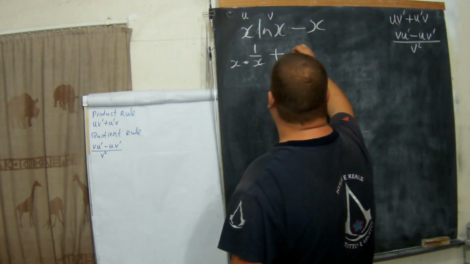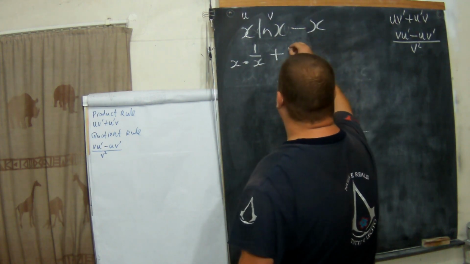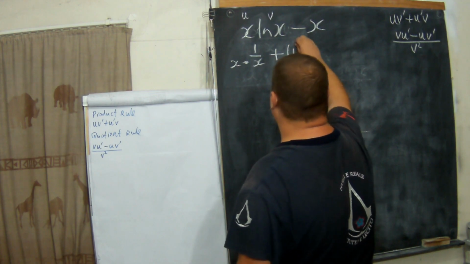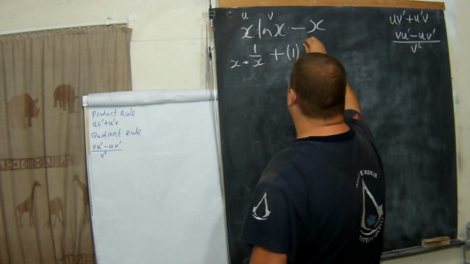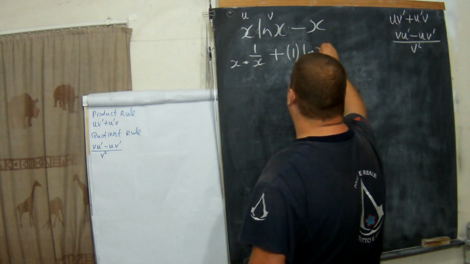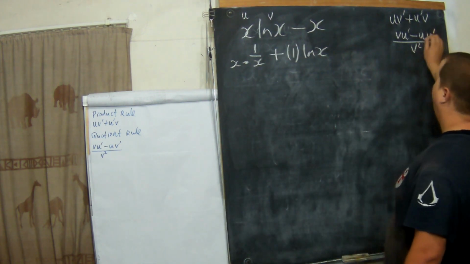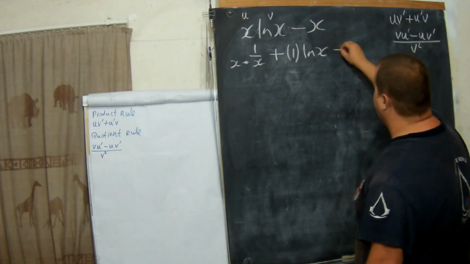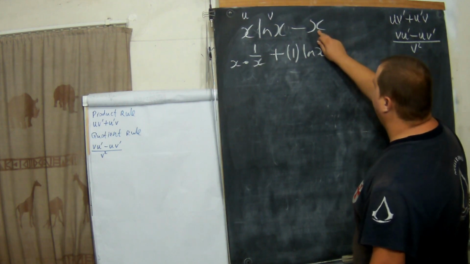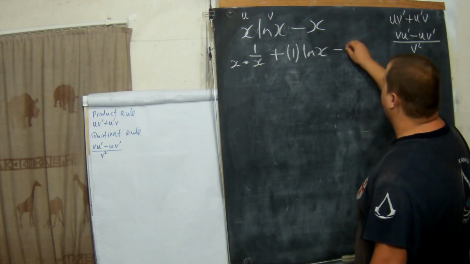plus U prime, which is 1, multiplied by ln x. Now, that's the whole formula, minus the derivative of x, which is 1.